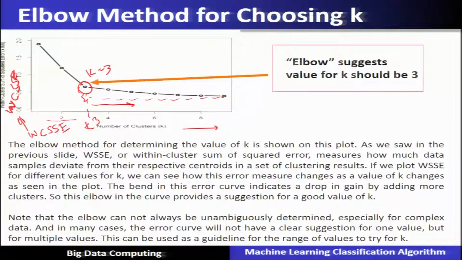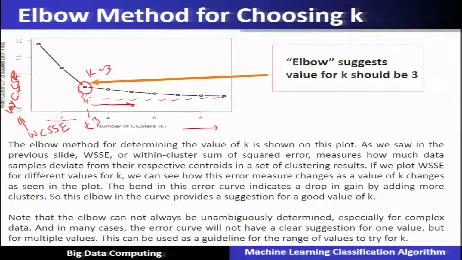So, if we plot WSSE for different values of k, we see how this error measure changes as the value of k changes, as seen in the plot. The bend in this error curve indicates a drop in the gain by adding more number of clusters. So, this elbow in the curve provides a suggestion for a good value of k.